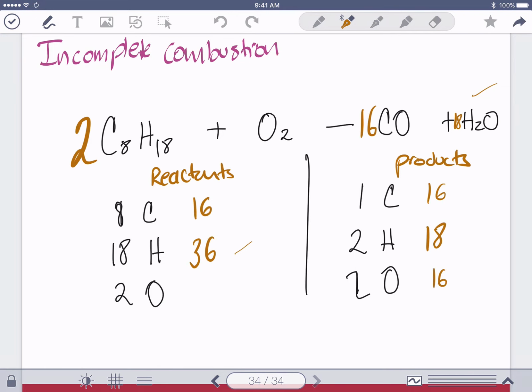So I end up having 16 plus 18, which is 34 atoms of oxygen. Since I already have 2 in the oxygen molecule, I add a coefficient of 17 in front of my oxygen, and 17 times 2 will give me my 34. And now my equation is balanced.